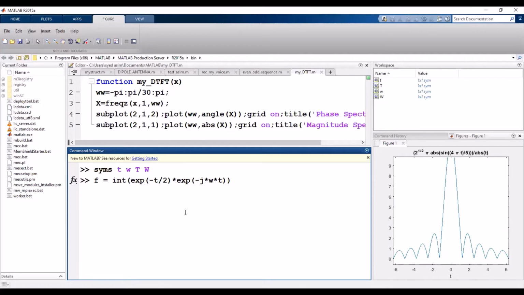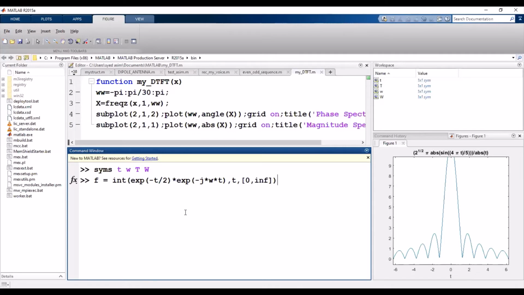And we need to integrate it with respect to time, and the limits are 0 comma inf, infinity.